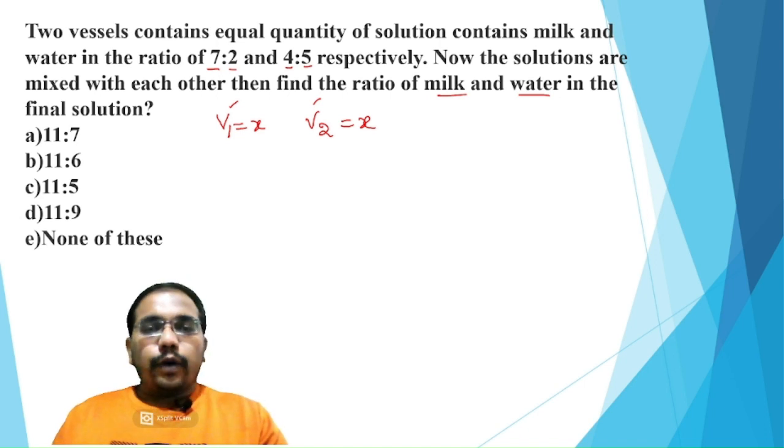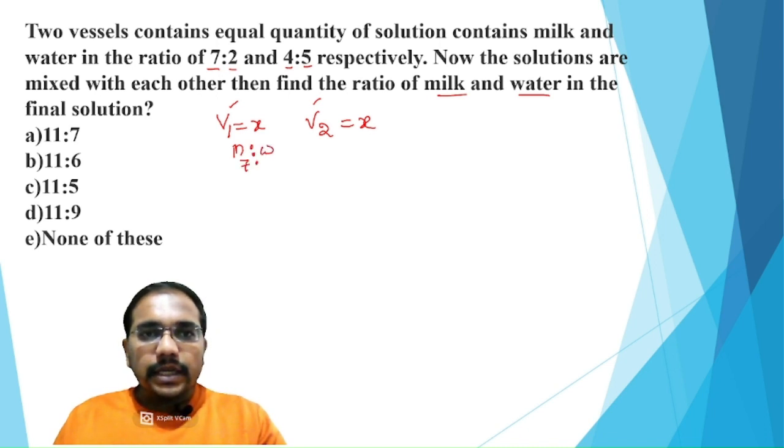Let's try to find out by using the X value. Vessel 1 contains X liters, vessel 2 also contains X liters. Initially vessel 1 has milk and water in the ratio 7:2, and vessel 2 in the ratio 4:5.